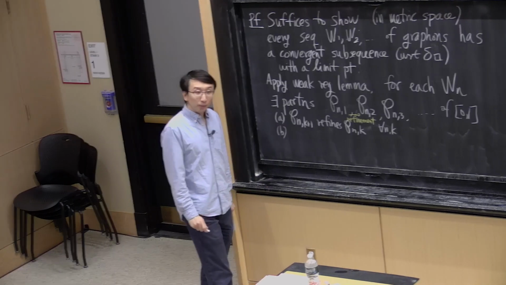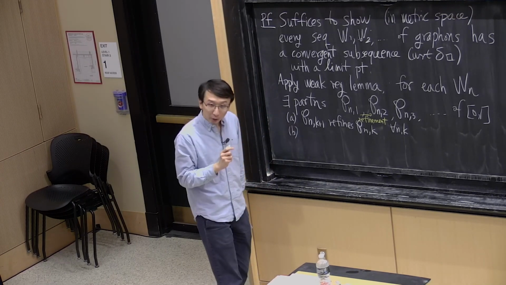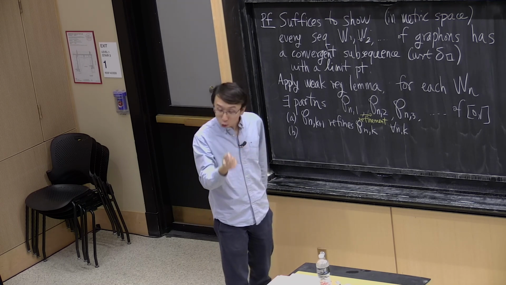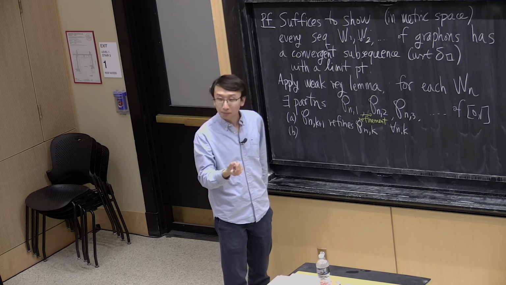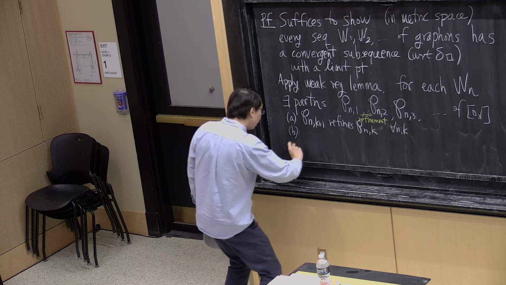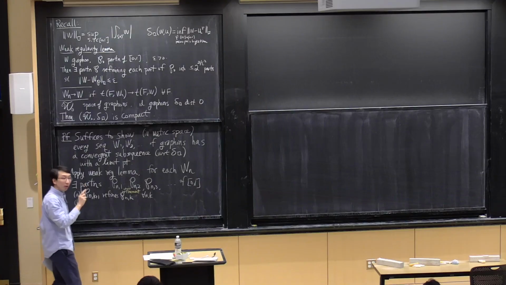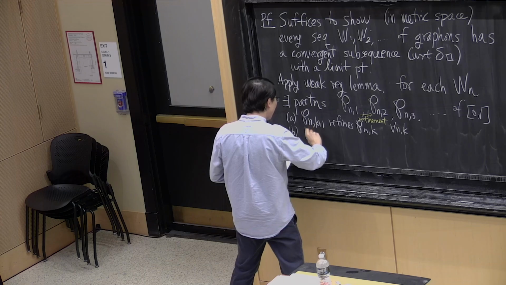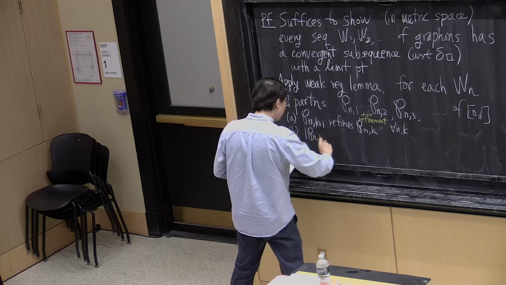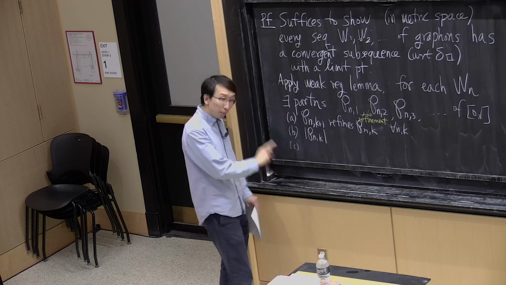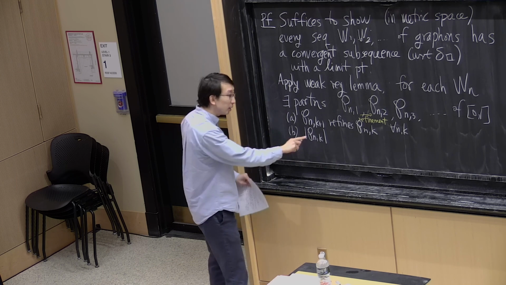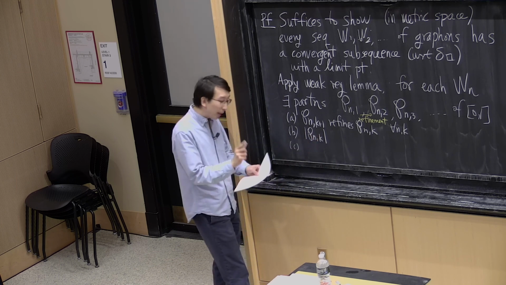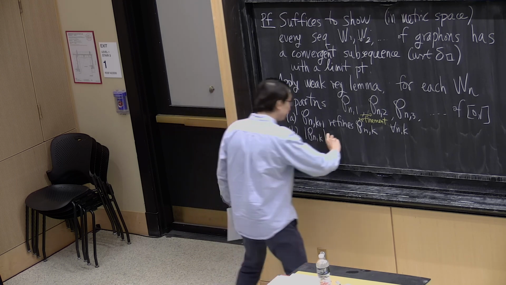And the second condition, as given by the regularity lemma, you get to control the number of parts. I'll say in the third part what the error of approximation is, but you get to control the number of parts. So in particular, I can make sure that the number of parts in the kth partition depends only on k.